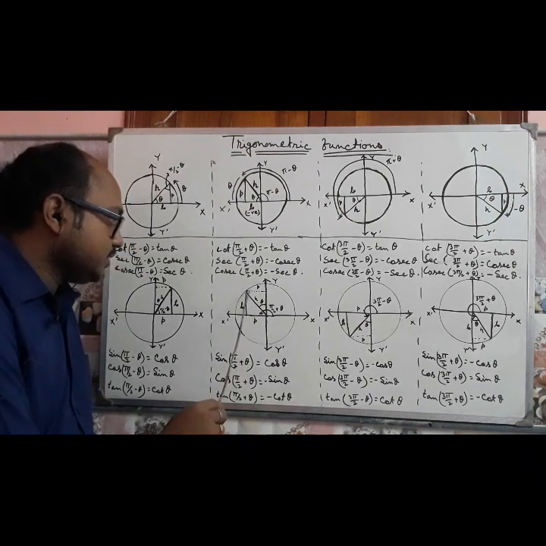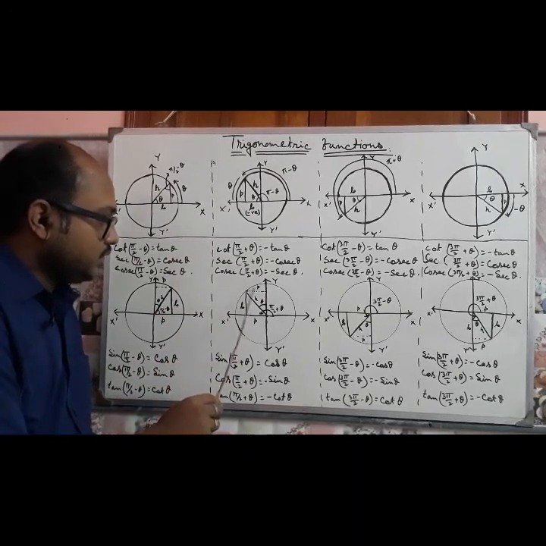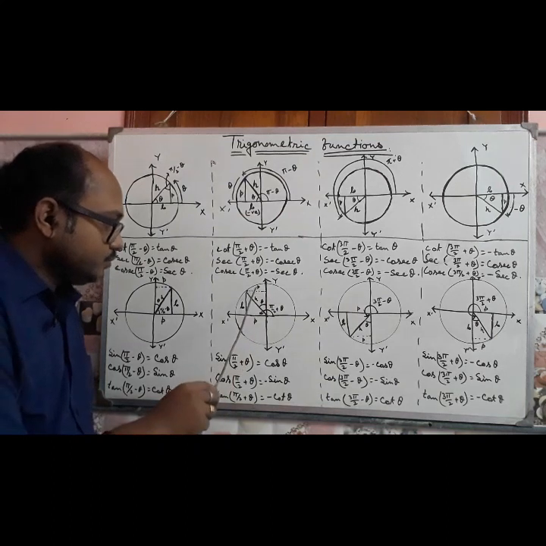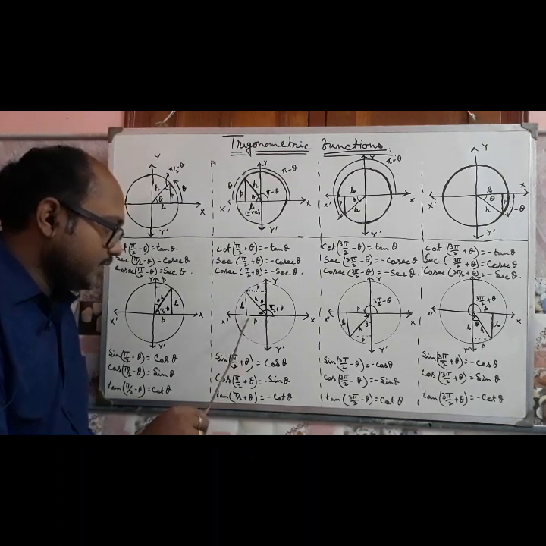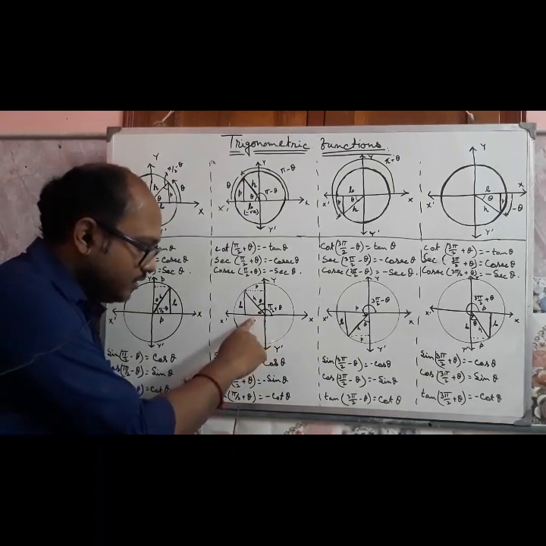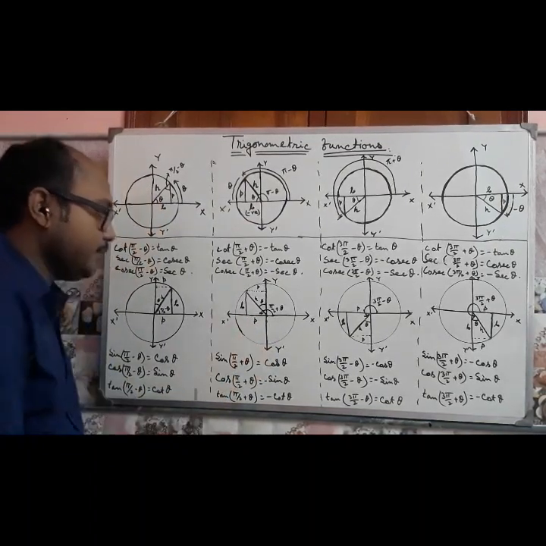This is a similar triangle to this one. So this side will be P and this side will be B, and this is a total rectangle. So this base becomes P and this one becomes B, and this side is measured in the negative direction of the x axis. So numerically this P is negative.